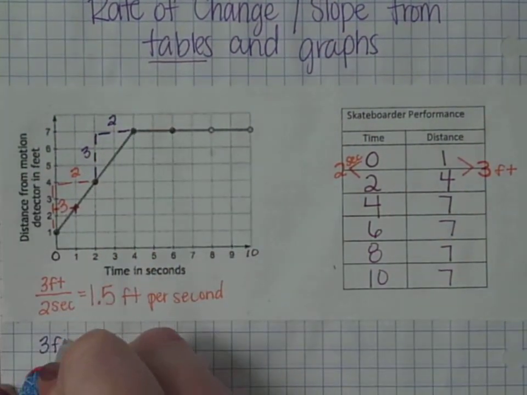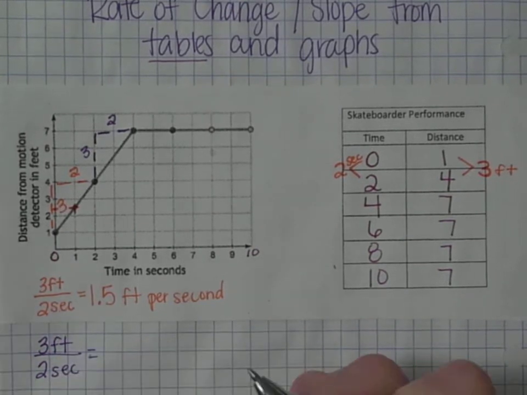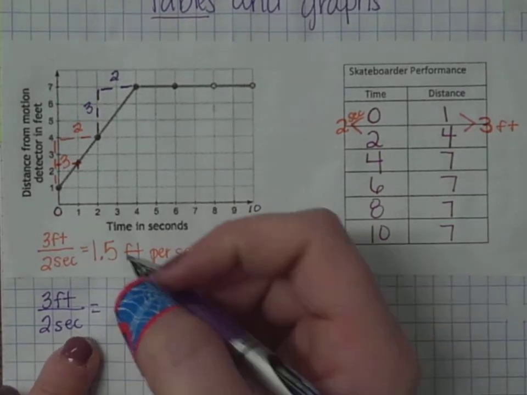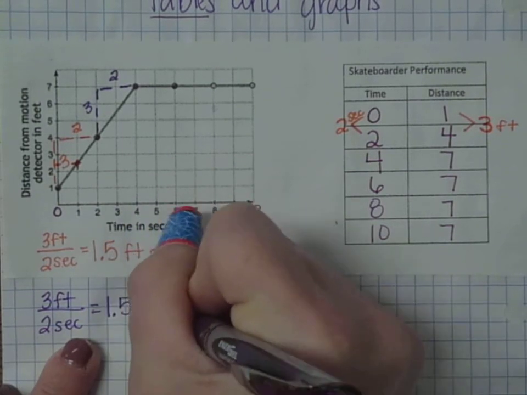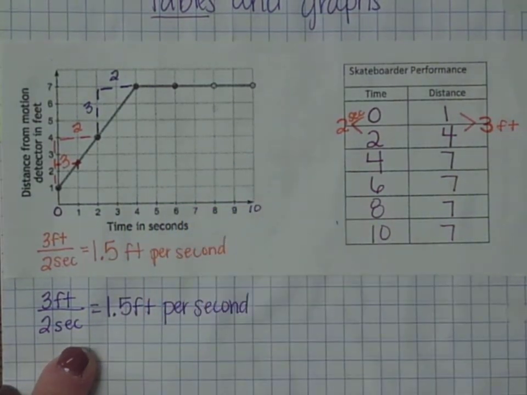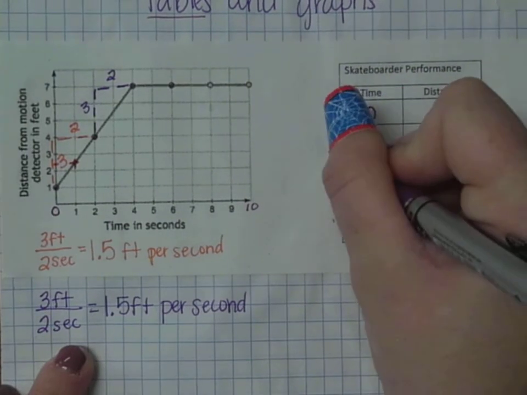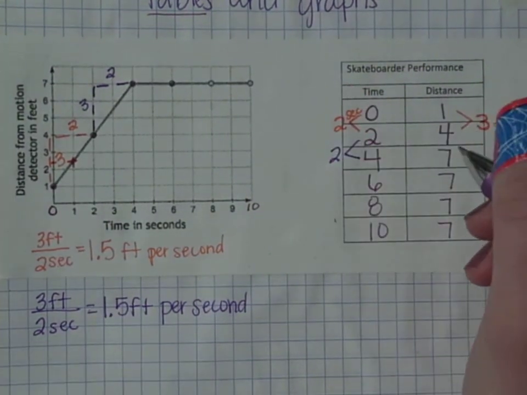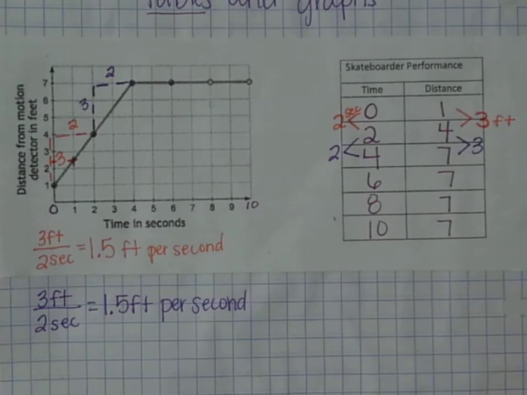So 3 feet in 2 seconds. Again, that's 1.5 feet per second. So then I'm going to do this over here. 2 to 4 changes 2. Sorry. And then from 4 to 7 changes 3 again.